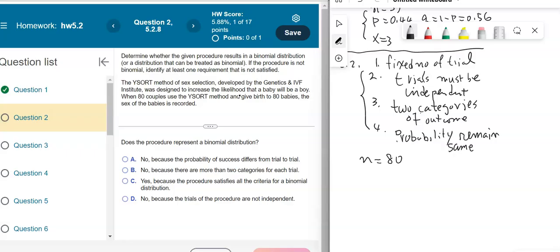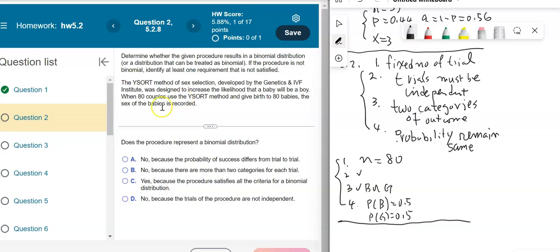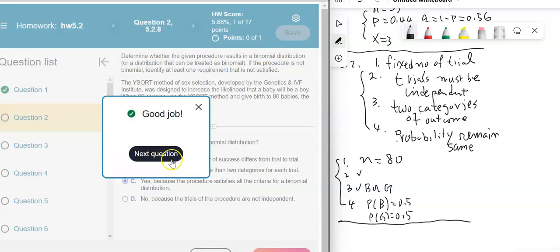So 2 checks. 3, a child is either boy or girl, so 2 categories, and then probability remains the same. Probability of a boy is 0.5, same as probability of a girl is 0.5. So therefore the conditions are satisfied. So I think it's yes, because the procedure satisfies all criteria for the binomial.